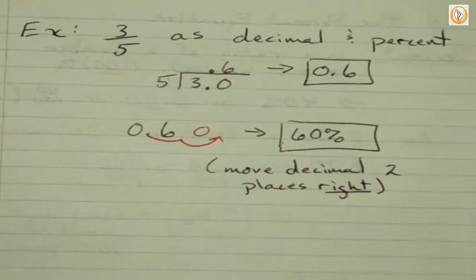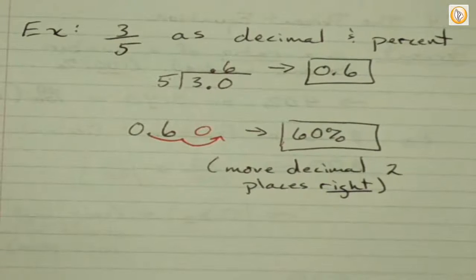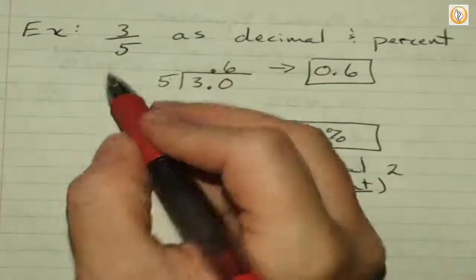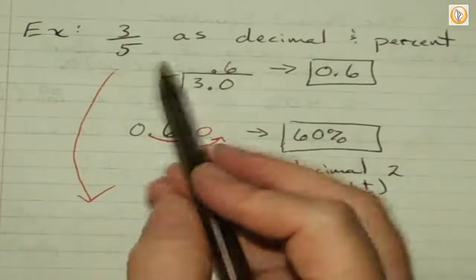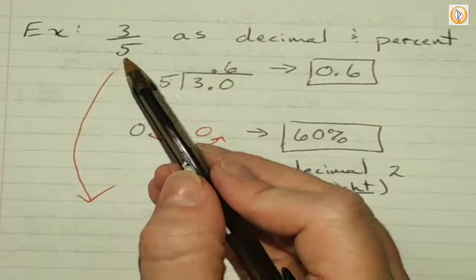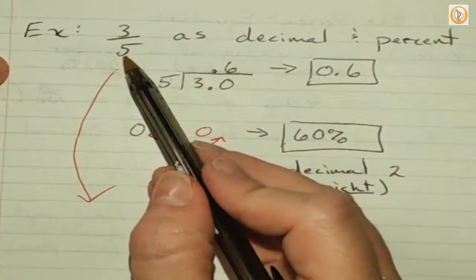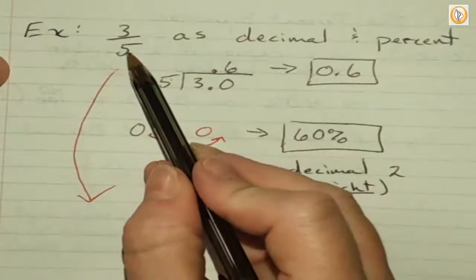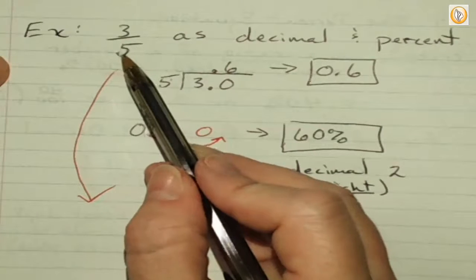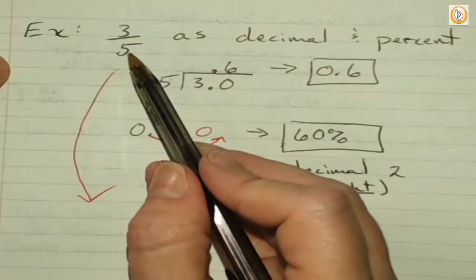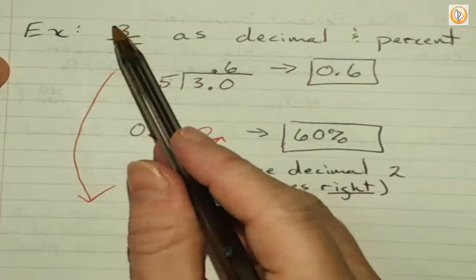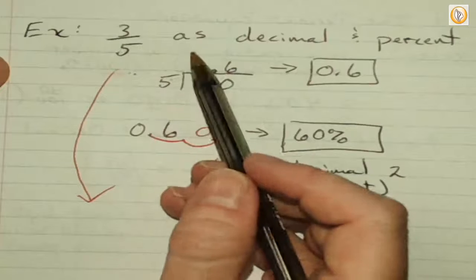Now, another little trick you can do. If the denominator can go into 100 evenly, then you can quickly change this into a different fraction.